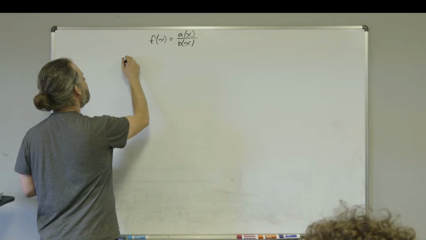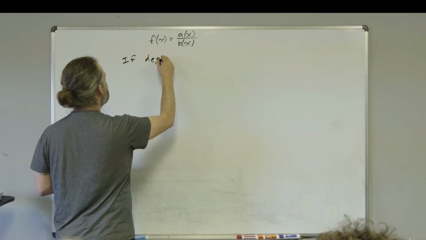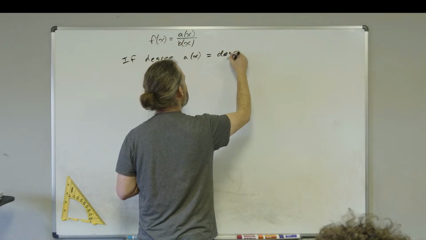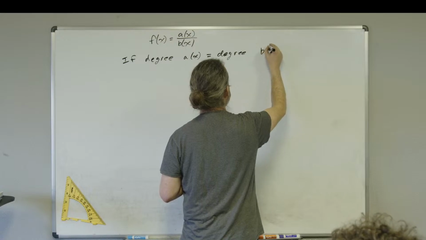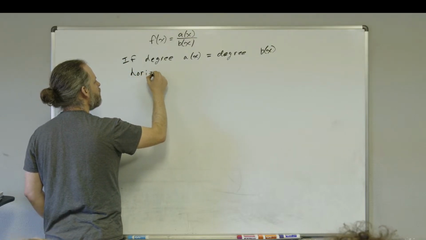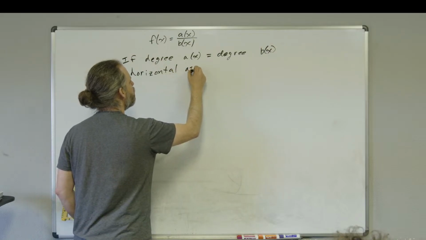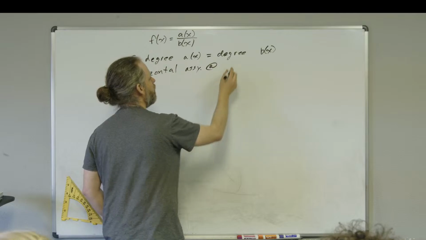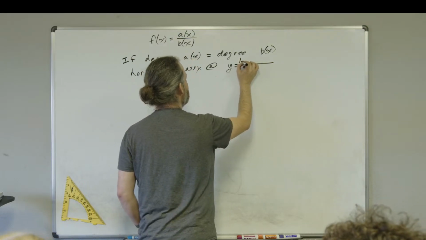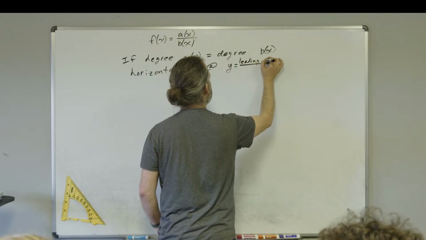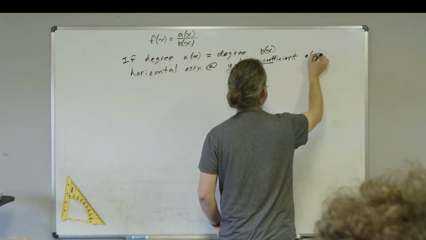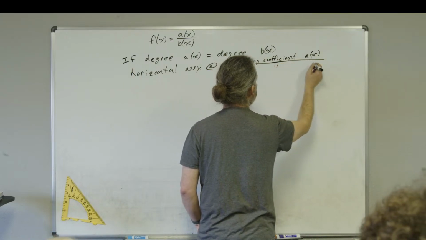If the degree of a of x is equal to the degree of b of x, then it also has a horizontal asymptote at y equals the leading coefficient of a of x over the leading coefficient of b of x.